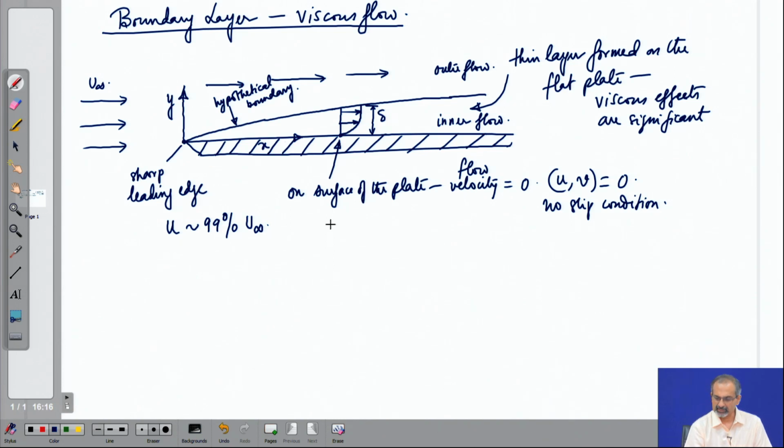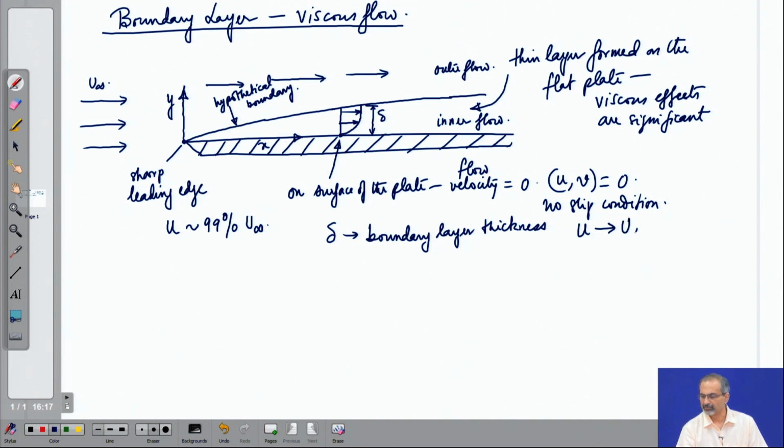That is what is called the boundary layer thickness. Mathematically, we would say that when u tends to u infinity at y tending to infinity, we have the edge of the boundary layer, but for all practical purposes we consider it to be 99% of the free stream velocity.